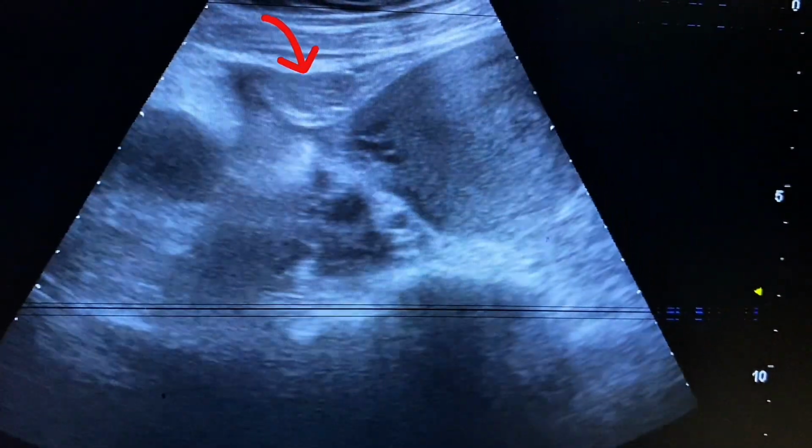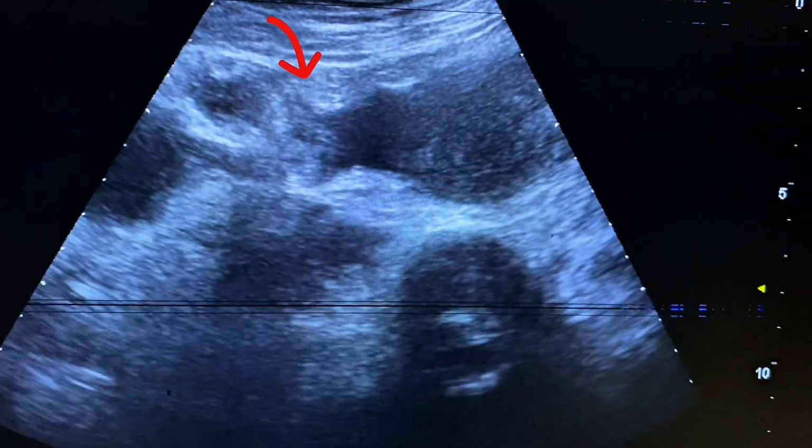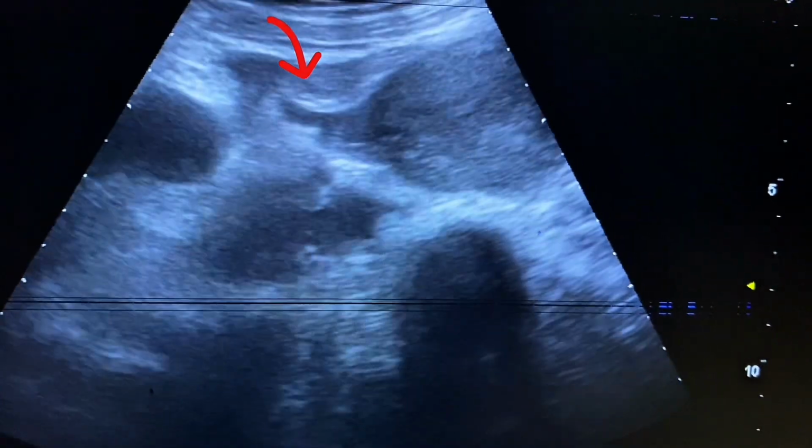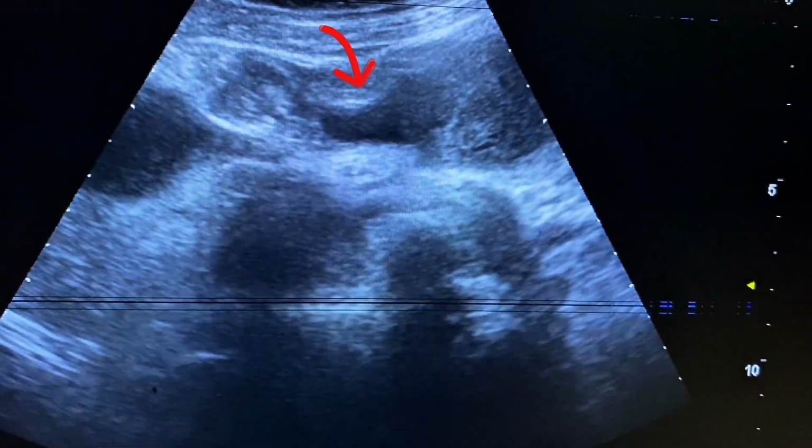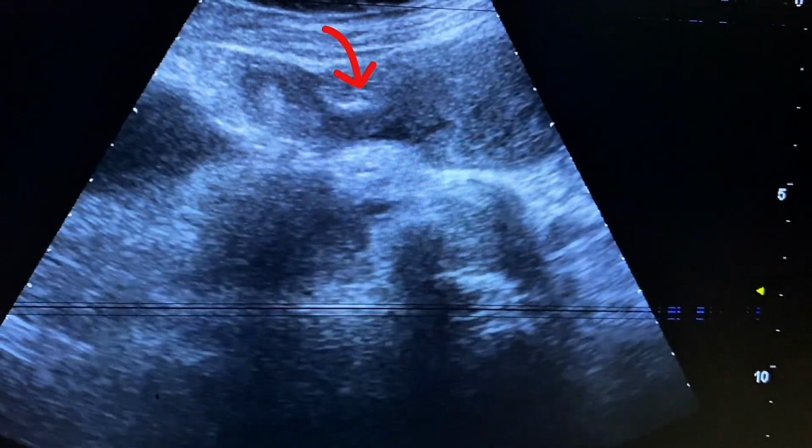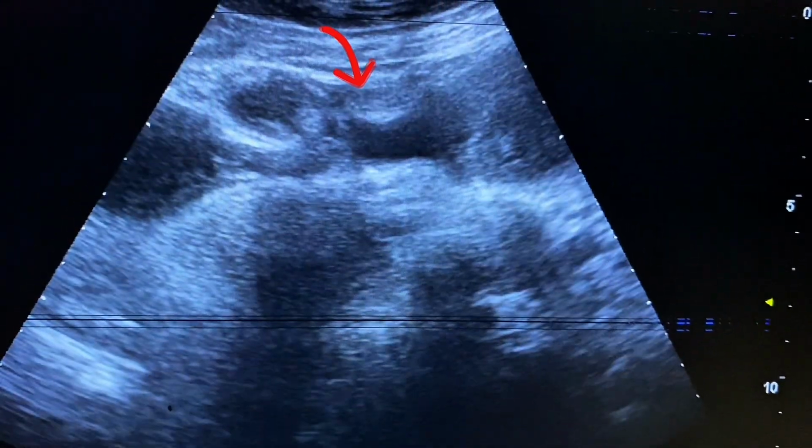Now we continue scanning the adnexa to rule out the cause of pain. Here we see free fluid in the right adnexa.